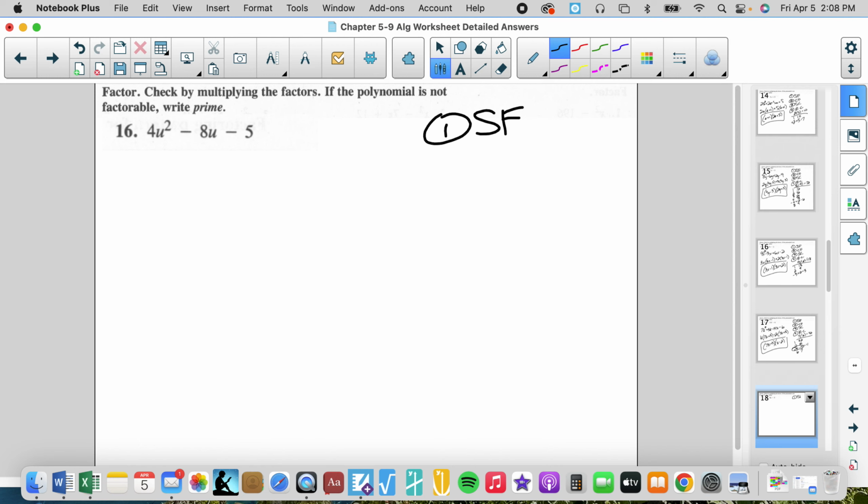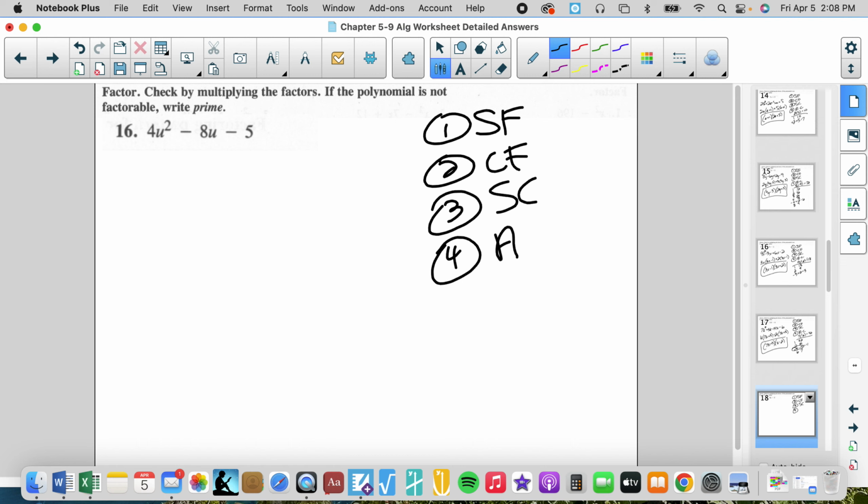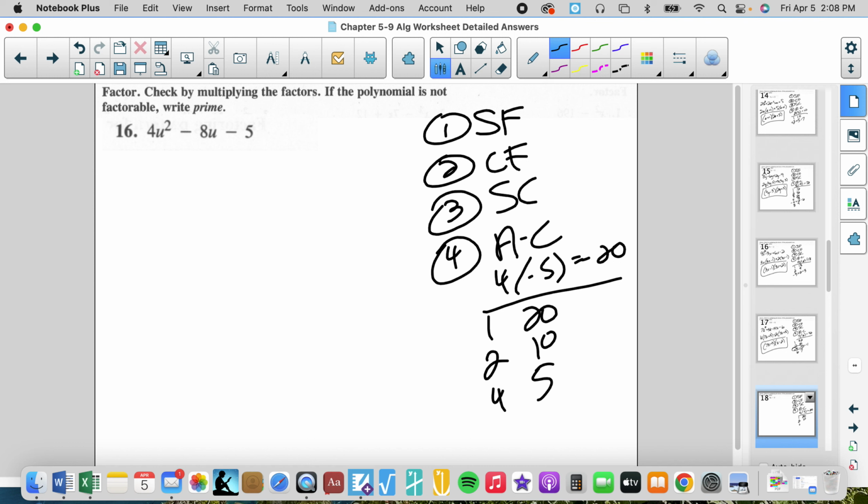Standard form, yes. Common factor, no. Special case, no. A times C, 4 and negative 5 is negative 20. 1 and 20, 2 and 10, 4 and 5. Signs are different. Bigger is negative.